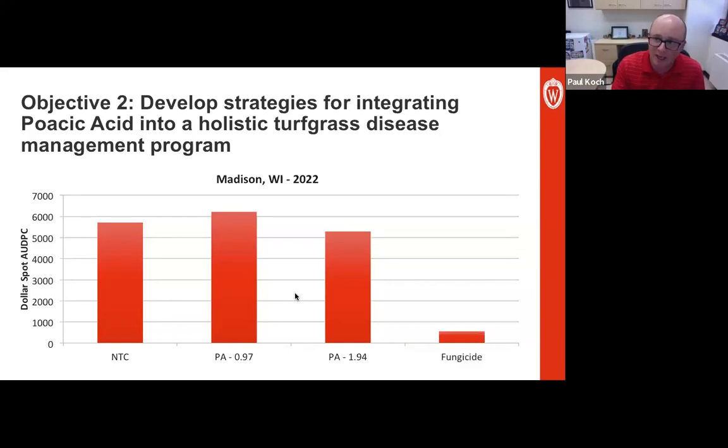The higher rate of Poacic acid is showing effects compared to the lower rate, but nowhere near the level of control that we would need for commercial viability, right? So you see the fungicide program there, the furthest bar on the right, that program is performing far and away the best. So just the Poacic acid at that high rate is not performing where we need it to perform.